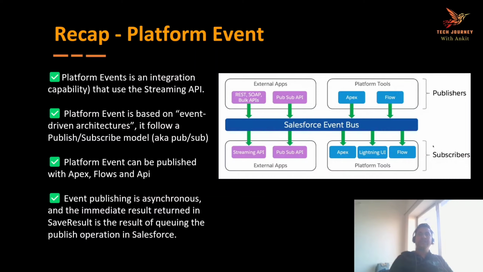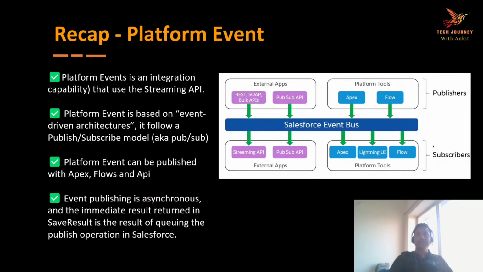In the last parts, we also discussed that on the Salesforce platform, we can publish the events by using Apex, flows, as well as with the help of APIs. And in part 3, we discussed that whenever we are publishing the events on the event bus, it is an asynchronous process. So whatever immediate result we get from publishing is the result of queue.